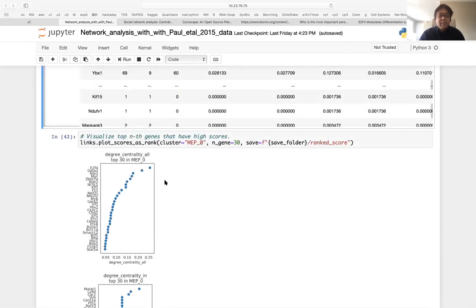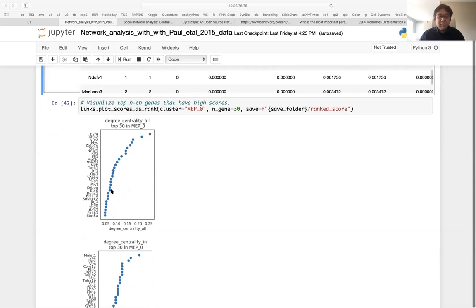In many cases, the aim of your analysis is to pick up important genes or key regulatory genes.